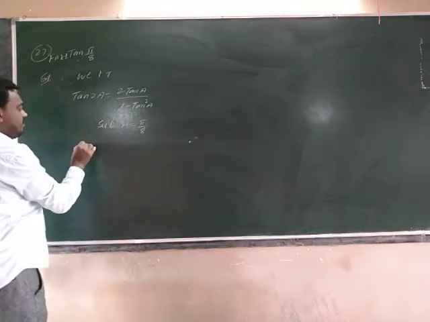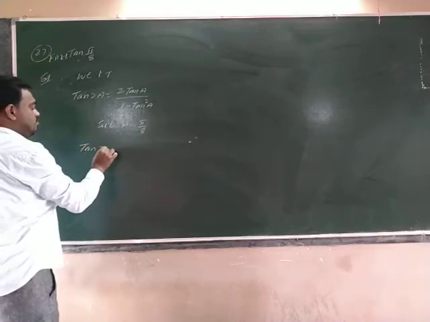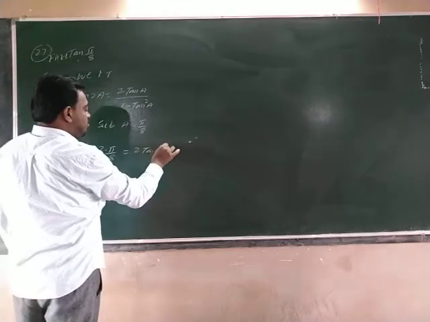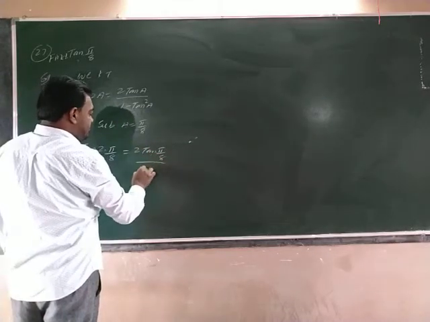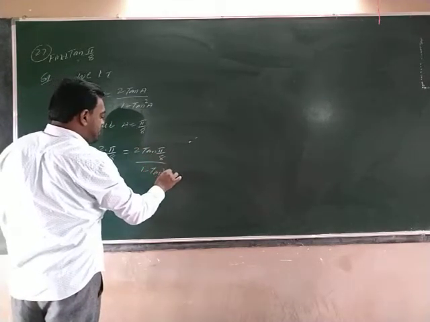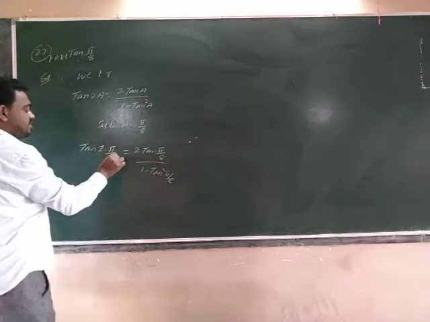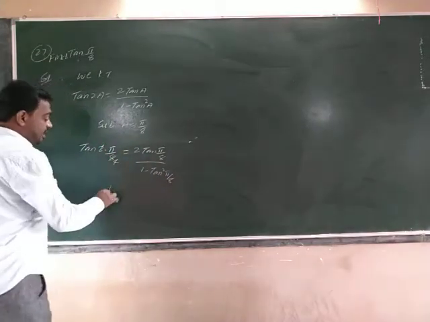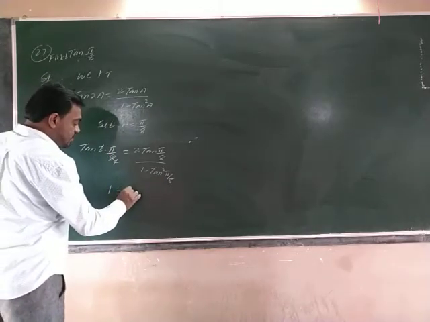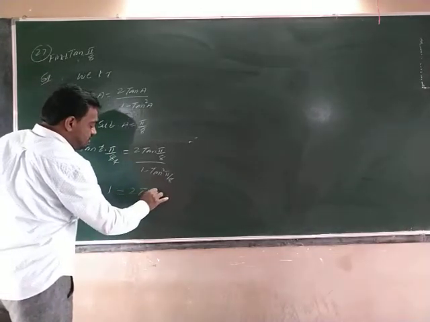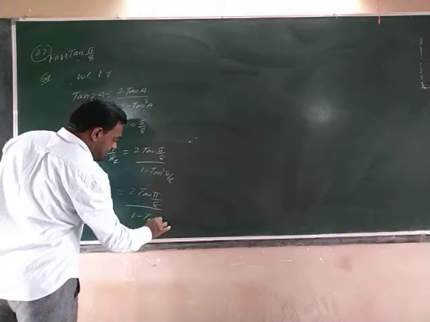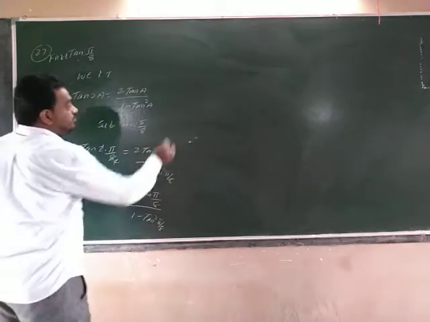Then what do we get? Tan of 2 into pi by 8 is equal to 2 tan pi by 8 by 1 minus tan square pi by 8. 2 times 4 is 8, so that means tan of pi by 4. Tan pi by 4 value is 1, so 1 is equal to 2 tan pi by 8 by 1 minus tan square pi by 8.